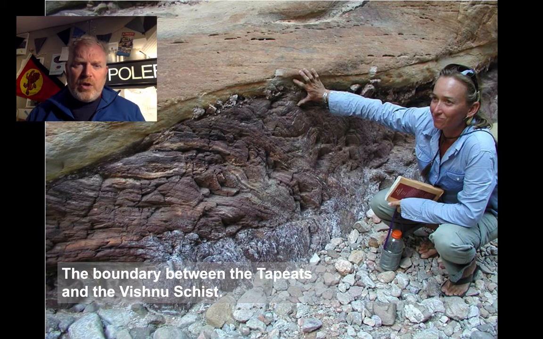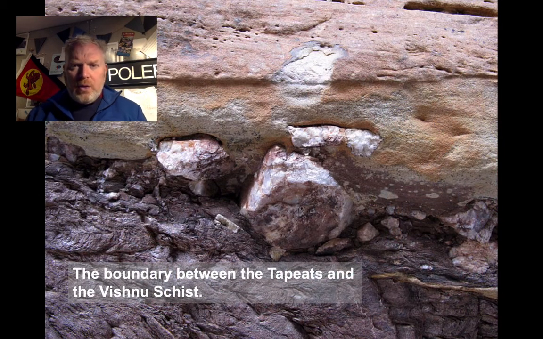Now, when we go down to the bottom of the canyon, and we look at the boundary between the Tapeats and the Vishnu Schist, we can see an interesting feature within it. We can see these lumps of quartz. These lumps of quartz have been eroded from the Vishnu Schist and then deposited in the Tapeats.